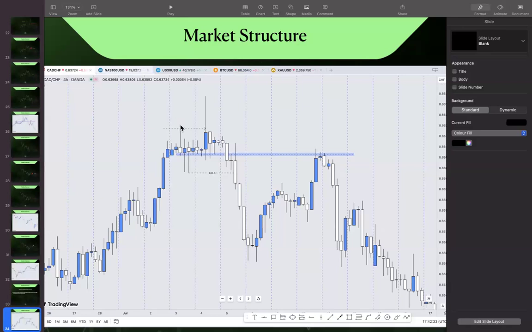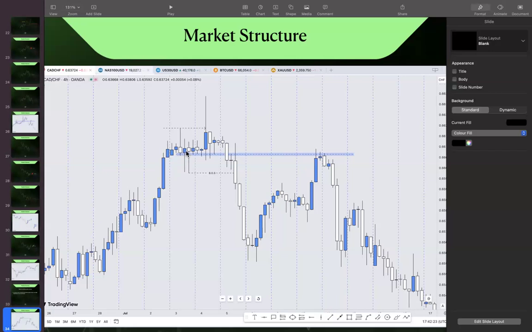In this case over here, we had price first create a new high. We had a previous high, and we created a new high, meaning that this move here, let's just take that move, was our last impulse. And then price broke that impulse.